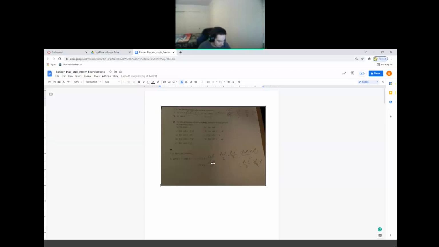So the formulas for the hyperbolic cosine and sine are shown right here. For cosine, it is e to the x power plus e to the negative x power all over 2. And for sine, it is e to the x power minus e to the negative x power over 2. So you just plug that in for each one.